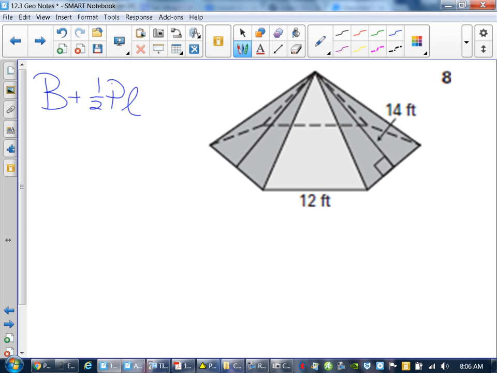So we start by saying, all right, big B is a hexagon, which means it's going to be a one-half perimeter apothem problem. Just like every other time, we always start by what we know, what we have. Draw your 3 sides. When you're working with hexagons, that's all we gotta do.